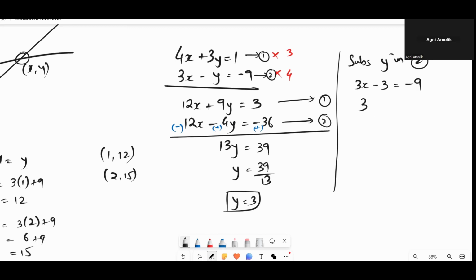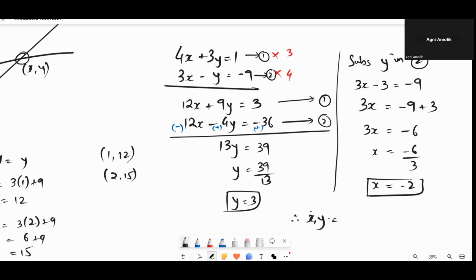So 3x is equal to minus 9 plus 3, minus 6. x is equal to minus 2. Do you understand? So we got x and y. Therefore, (x, y) is equal to (minus 2, 3).